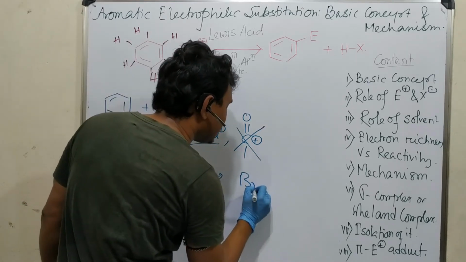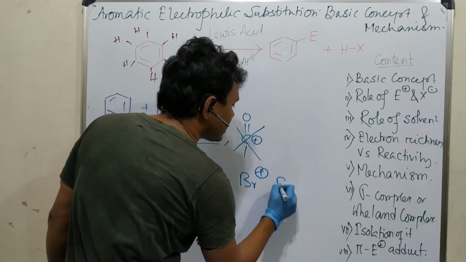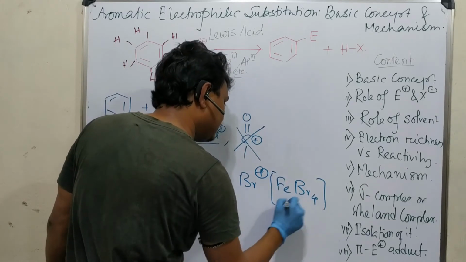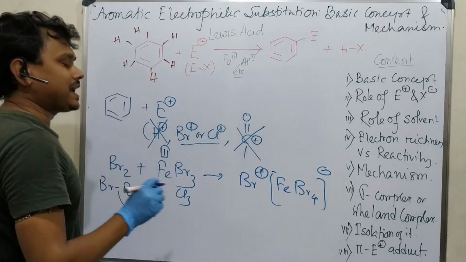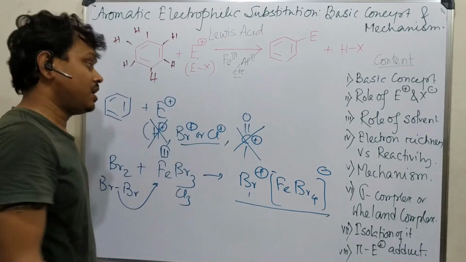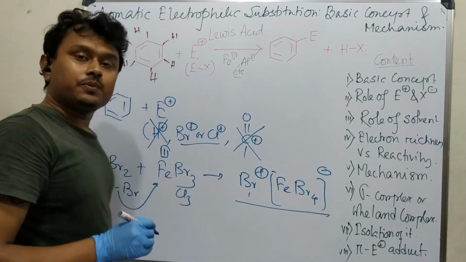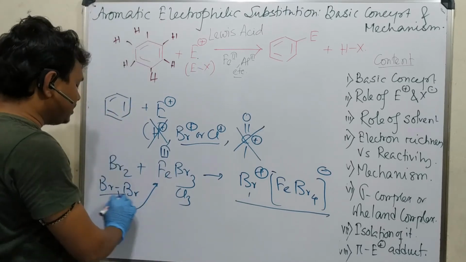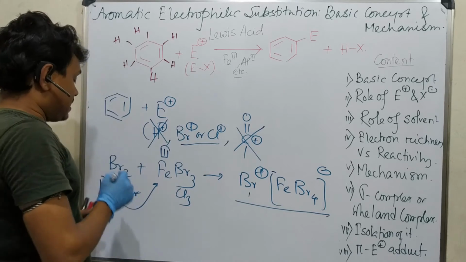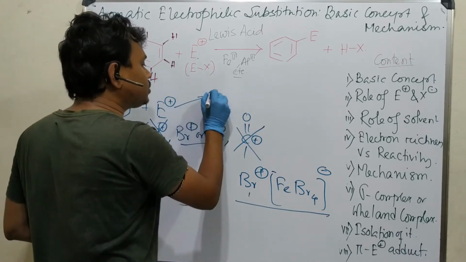It forms Br plus FeBr4 minus. Is it isolable? No. Actually, to give you a proper understanding, I have written this. In the case of a simple double bond, if you give bromine, the reaction happens. But in the case of an aromatic, it doesn't happen, because the electrophile needs to be stronger.